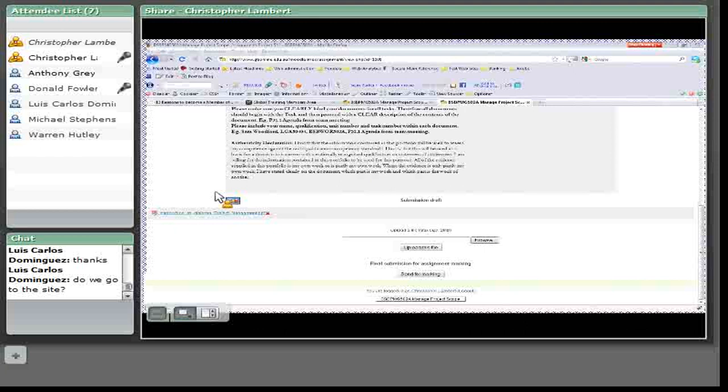So there are other ways of loading. If your file is bigger than that, you can email us, and we can put it in that area for you. Does that answer your question there?